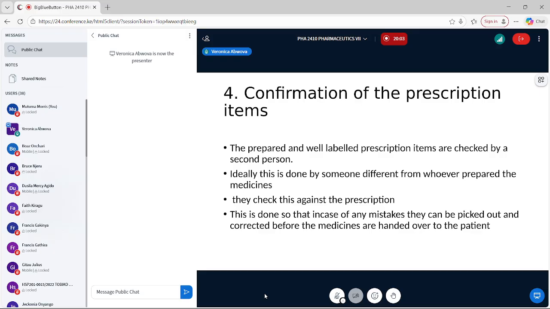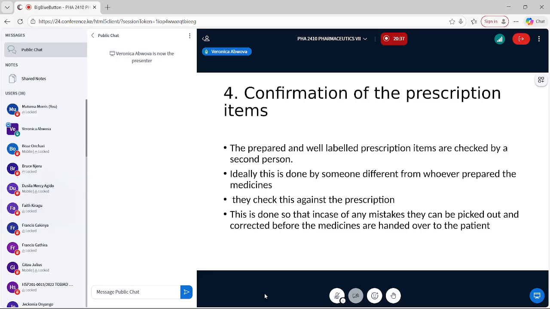And ideally, this should be done by a second person, because sometimes if you're in a hurry, you may make a mistake, and if you are the same one who is confirming, it may still escape you. So the ideal scenario is for one person to receive the prescription and prepare it, and then a second person confirms the prescription before it is handed over to the patient.